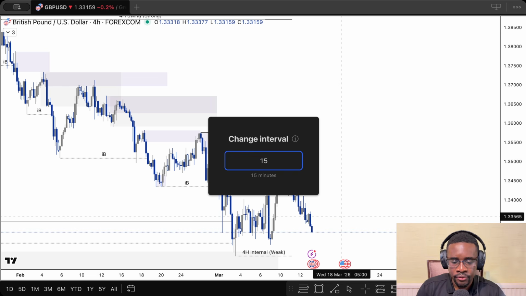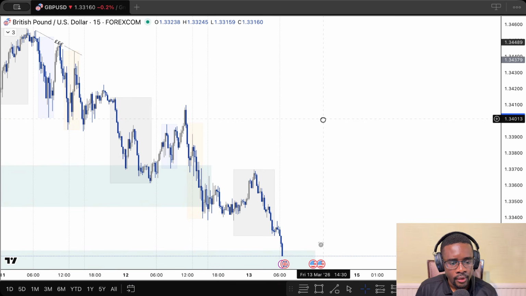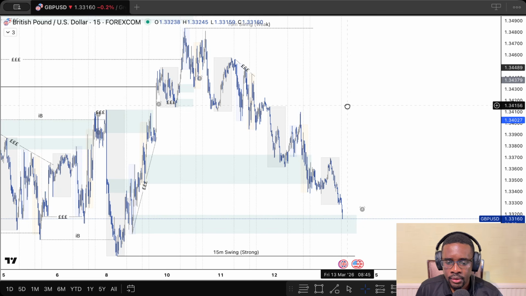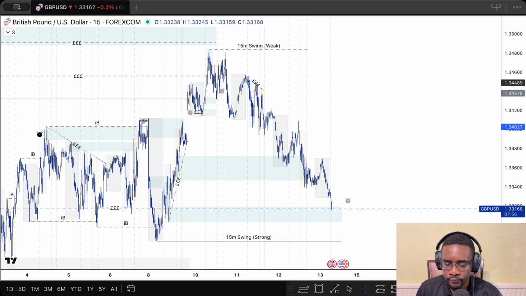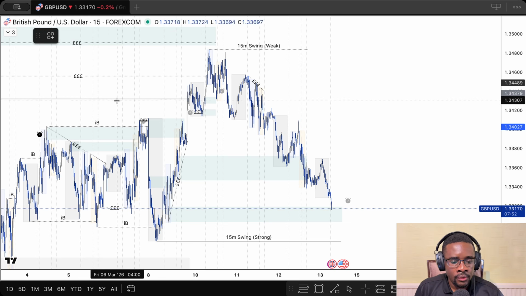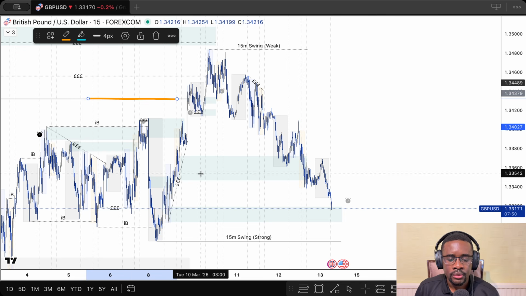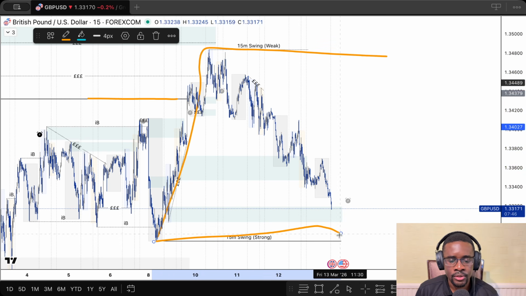So looking at the 15-minute, this is the range. So you broke structure, swing structure to the upside. So this has been the range, the swing range that we're in.